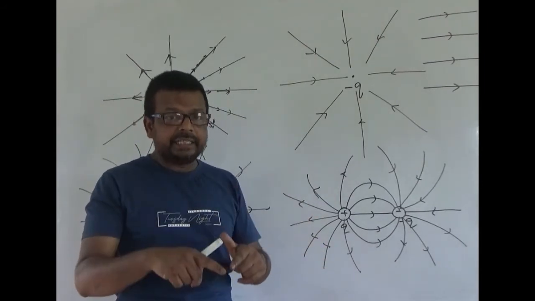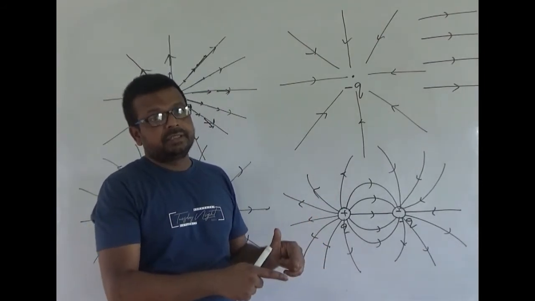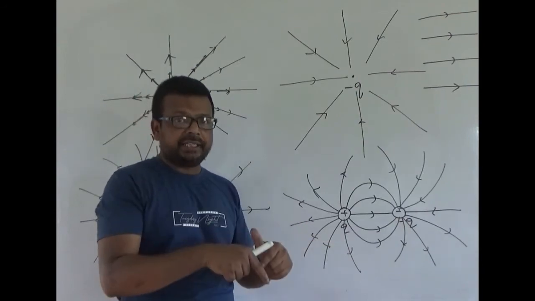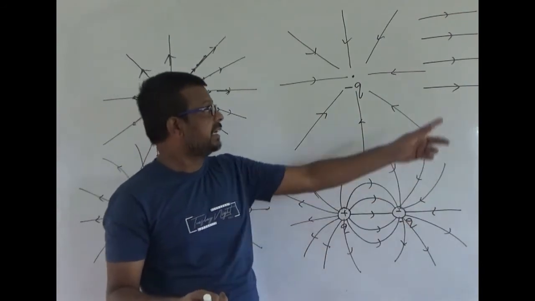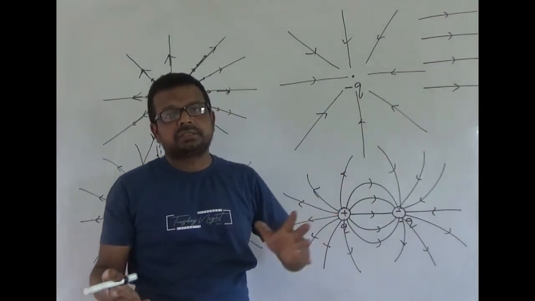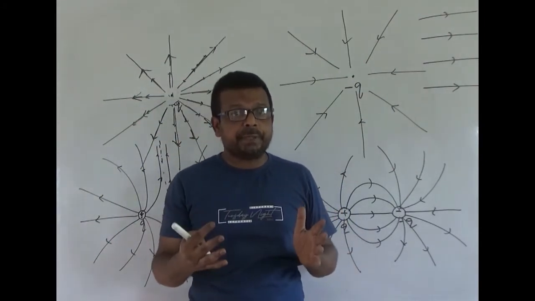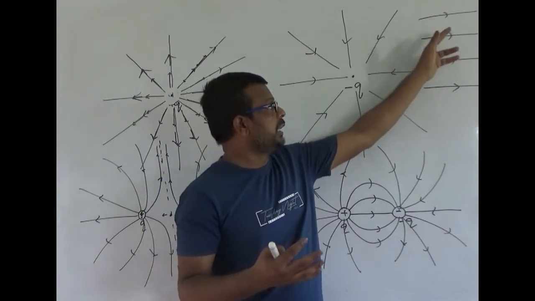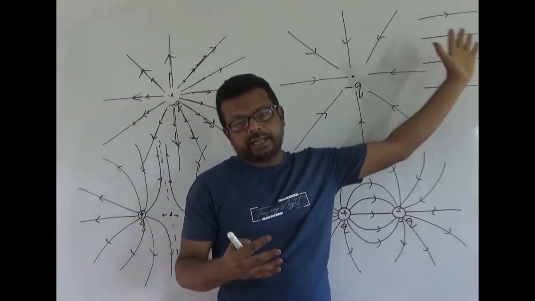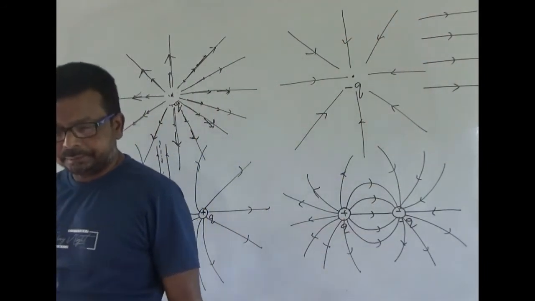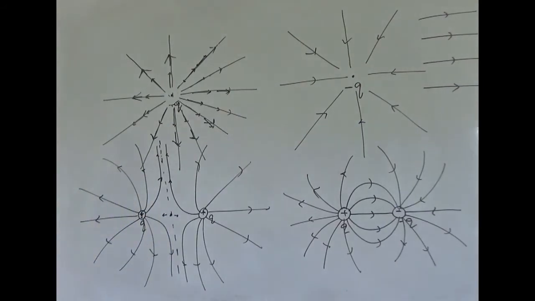A uniform electric field can be represented by electric field lines like this, equally spaced parallel lines. That means the electric field produced by a uniform electric field is represented by straight equispaced parallel field lines.